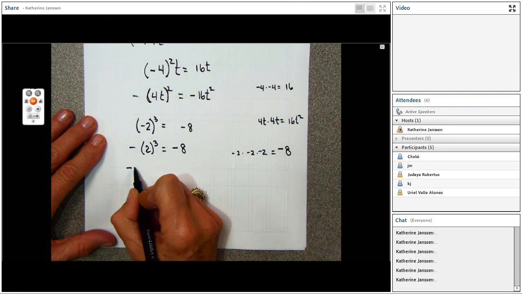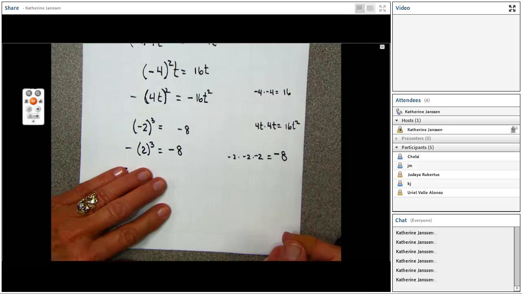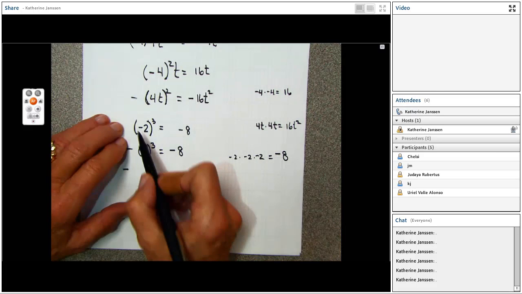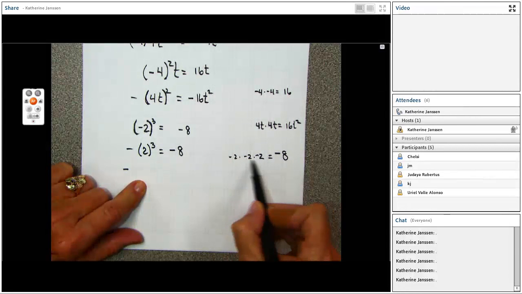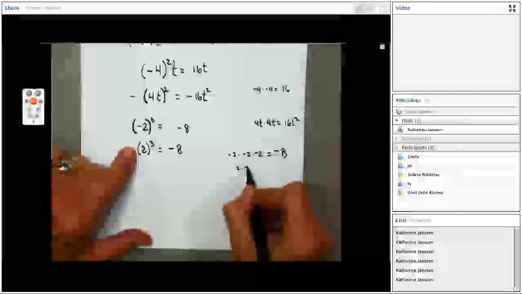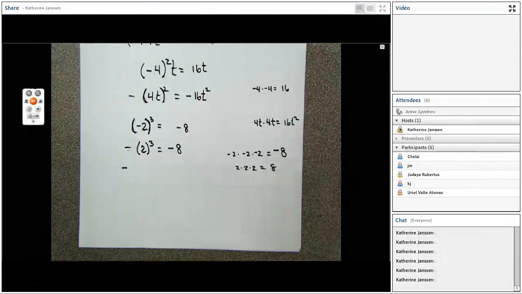So what's the difference between if it's inside and outside? It indicates whether you have a negative or a positive base. This is your base, -2. -2 times itself 3 times. This is, oh, I have a positive base. 2 times 2 times 2 is +8. And I need its opposite. So it's very important that you know whether you have a negative or a positive base, because it makes a difference on the sign of your result.